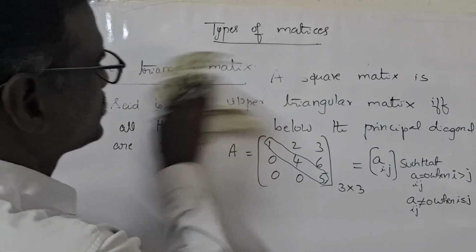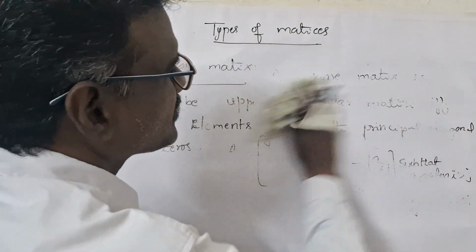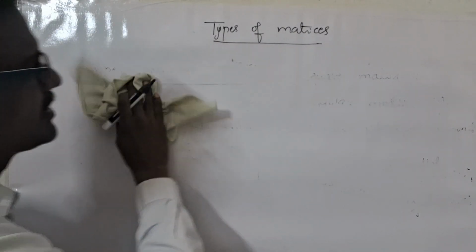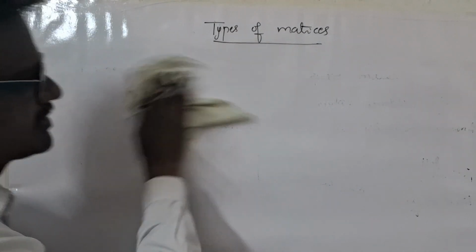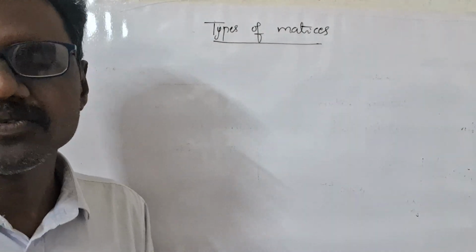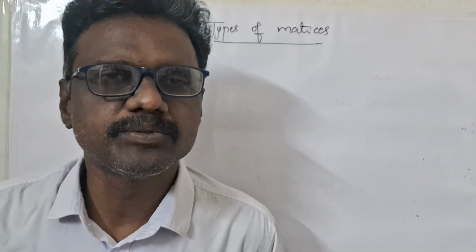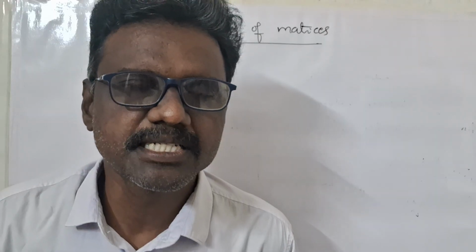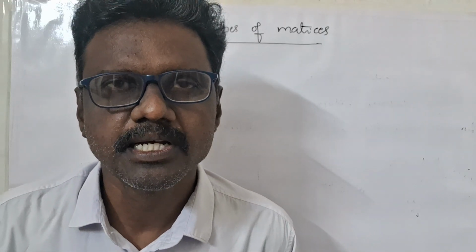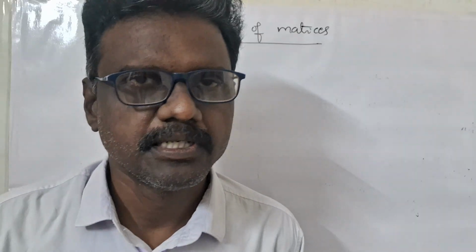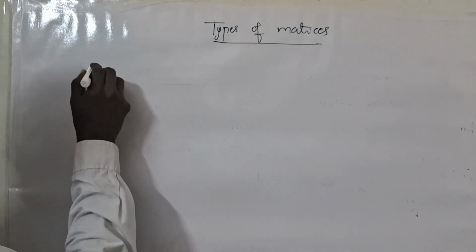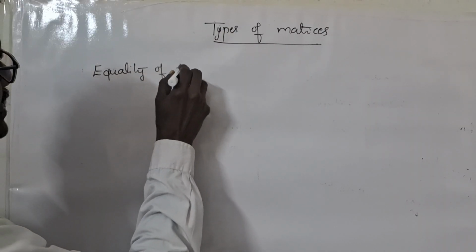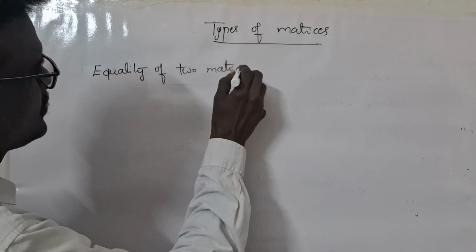So I'll discuss the algebra of matrices: comparison of two matrices, equality of two matrices, and algebra on matrices, meaning addition, subtraction, and multiplication of matrices. Before that, I'll first define equality of two matrices.